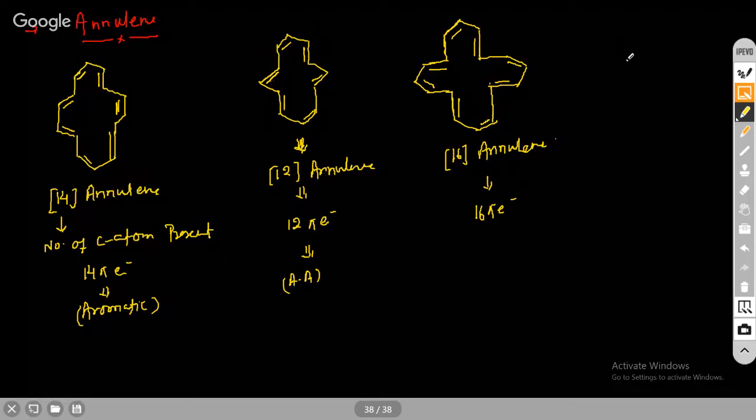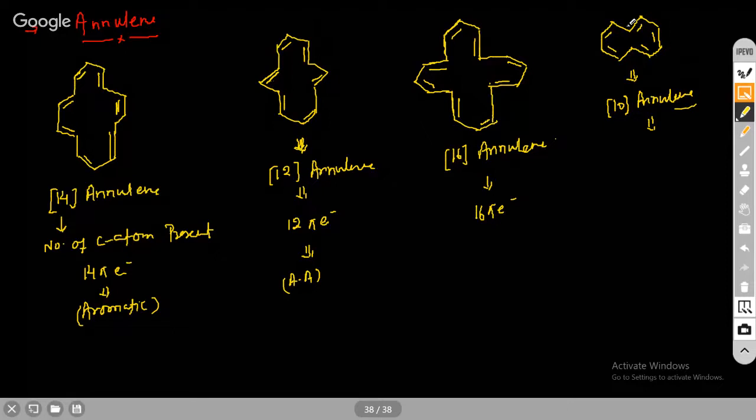This compound you see, I have discussed last class. One, two, three. Okay, this is 10 annulene. This is a non-planar structure.